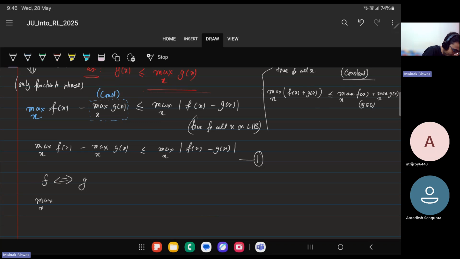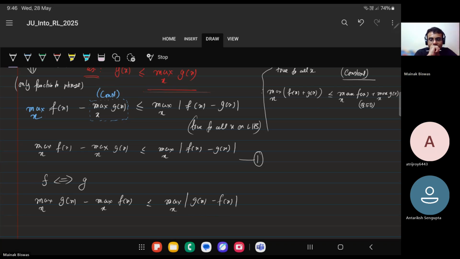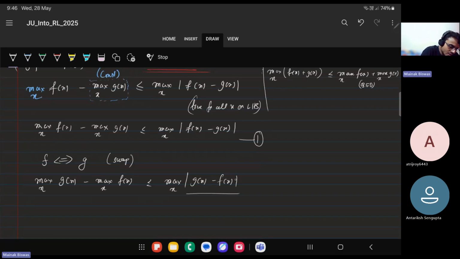So I will get max over x of g of x minus max over x of f of x less than max over x of g of x minus f of x. Do you agree? Yes. Swap. But this is equal to f of x minus g of x.